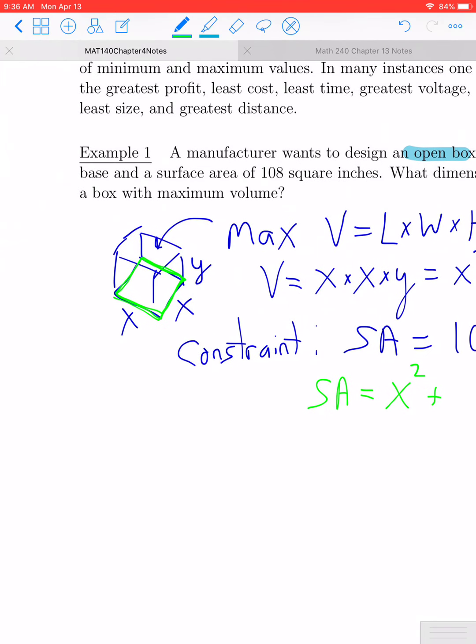If you look at the other faces, let's take a look at one of the side faces. You can very quickly look at the diagram and realize that the 4 remaining faces will all have an area of x times y. If you look at the front face, it would have dimensions x by y.